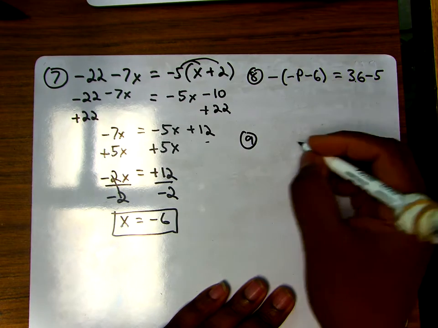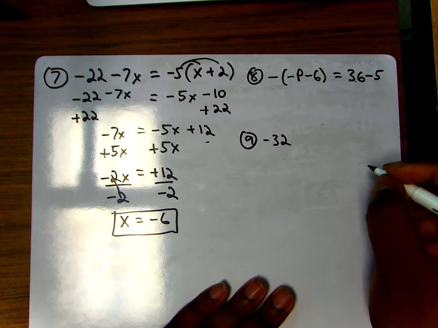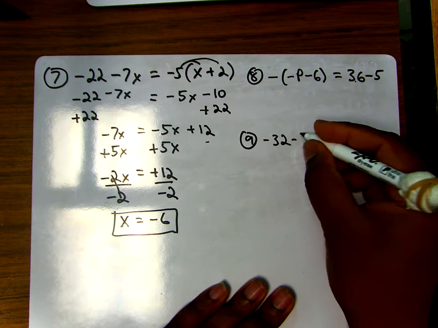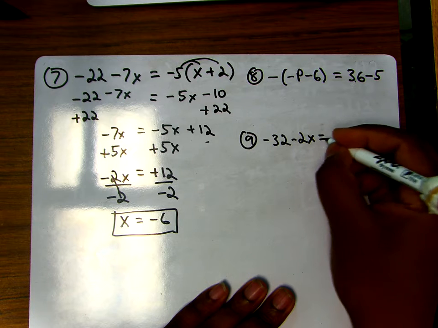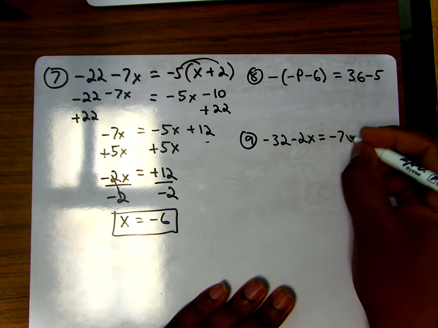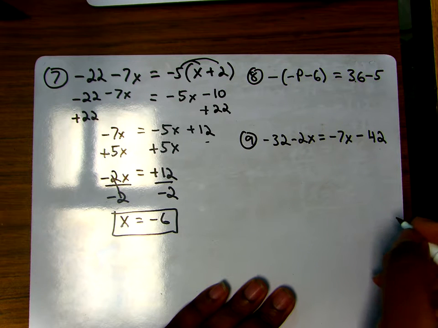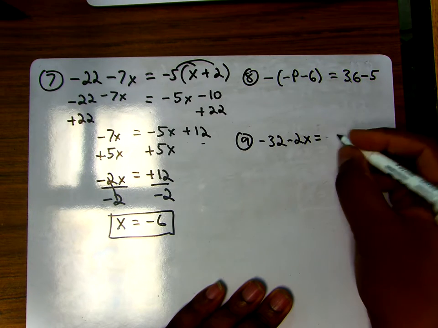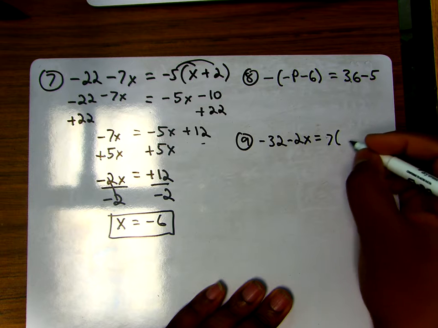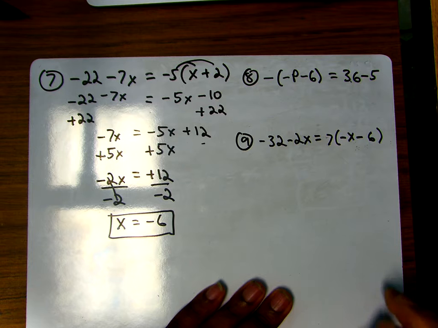And number 9, -32 minus 2x is equal to -7x minus 42. Oops, hang on, fix that. 7 times -x minus 6. There we go.